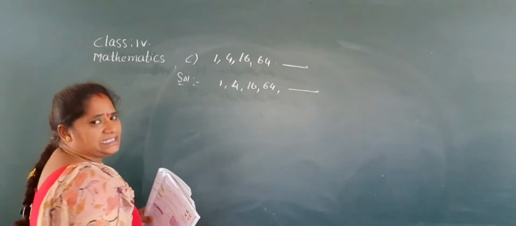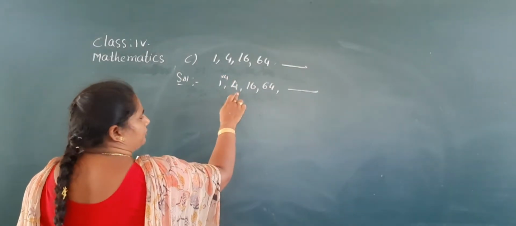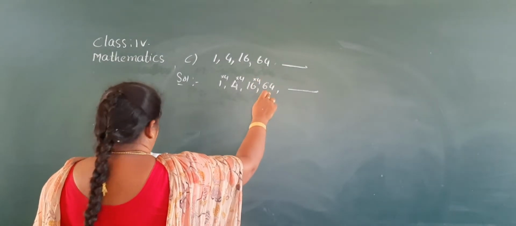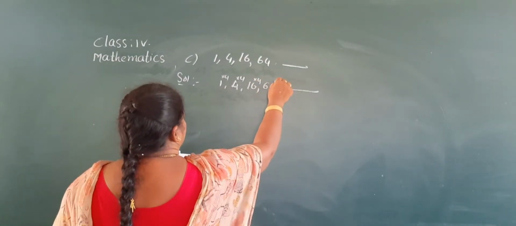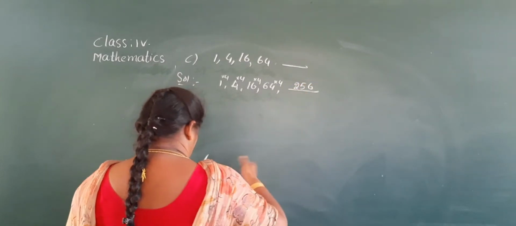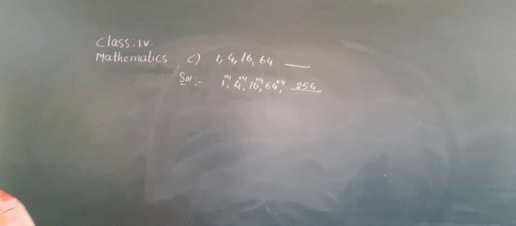It's a very easy problem. If you multiply 1 by 4, we get 1 4s are 4. 4 4s are 16. 16 4s are 64. And 64 into 4 will get 256. Okay, 256. Let's write down.